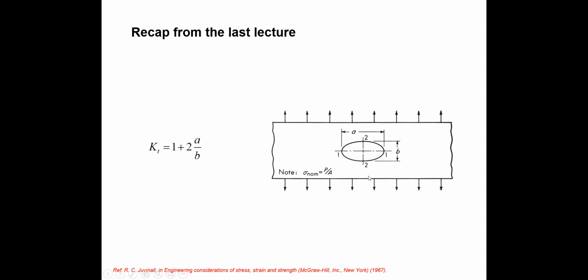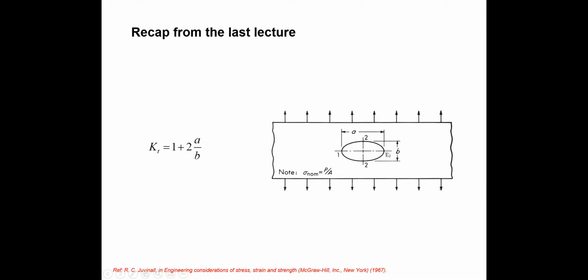And for a different geometry, if the stress raiser is not only a circle but a different shape, we can get the general shape as an ellipse. There are diameters a and b.